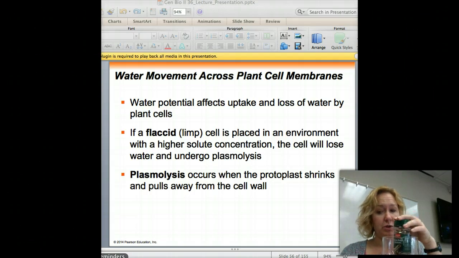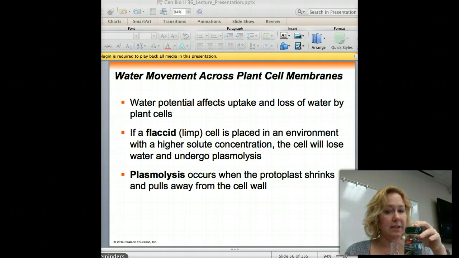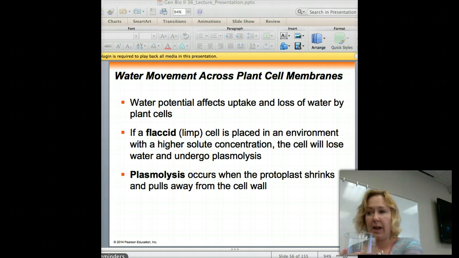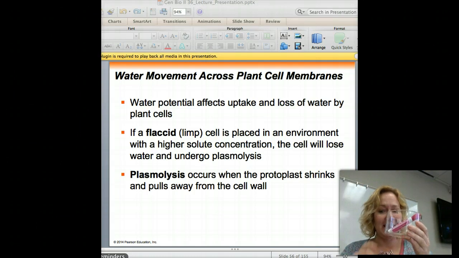What's the water going to do to try and dilute the crickets? Right? It's going to rush into my cricket bag, my bag of crickets. And this is going to make the cell bigger. In this case, I'm going to have a cell placed in an environment with a higher concentration. So in this case, I have, I don't know, a pink marker. And the outside is a high concentration.